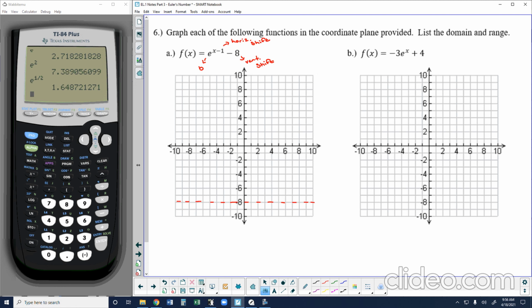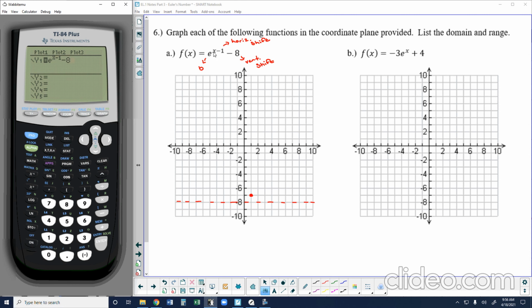Then I'm going to shift the origination point. Remember, all exponential functions start with the point (0, 1) before transformations. That is going to be shifted to the right 1 with the horizontal shift, and then down 8, so we're going to have this point at (1, -7). Because Euler's number is an irrational base, I'm going to use the calculator to help me plot points on this function.